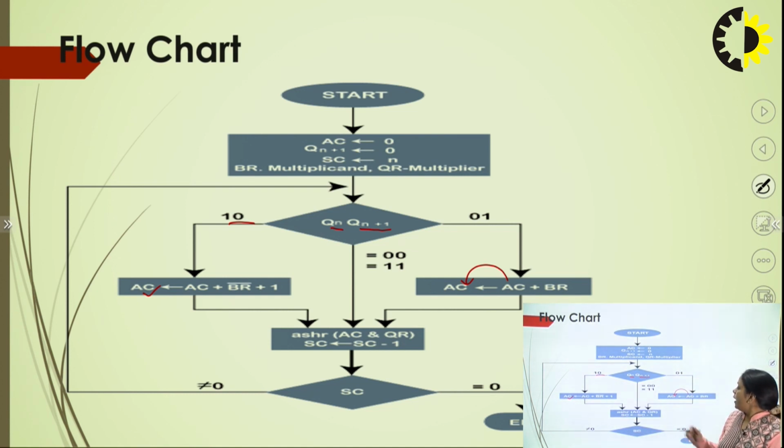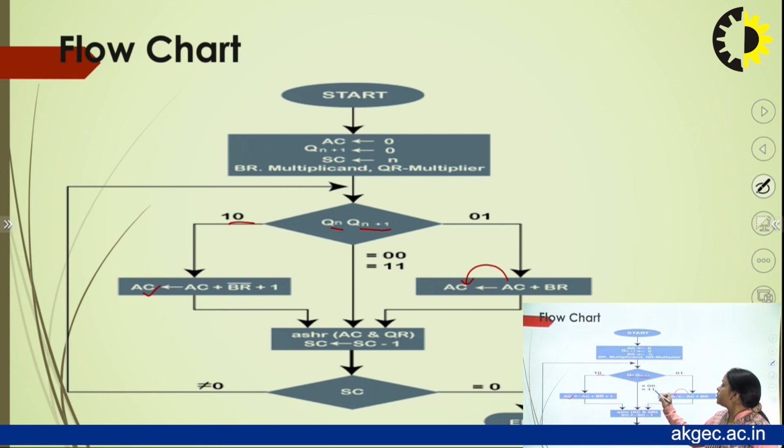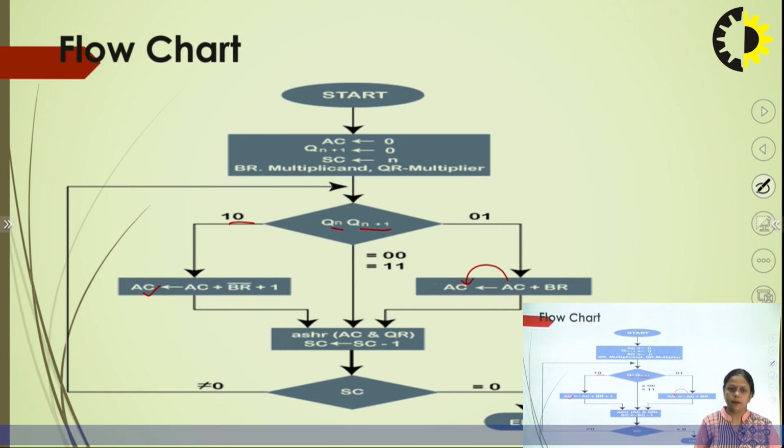Okay. And in the next step, we will do arithmetic shift right on AC and QR, and then the sequence counter will be decreased. And another case is when the Qn and Qn plus 1 is 0, 0 or 1, 1. If the Qn and Qn plus 1 is 0, 0 or 1, 1, it means the value of Qn and Qn plus 1 is the same.